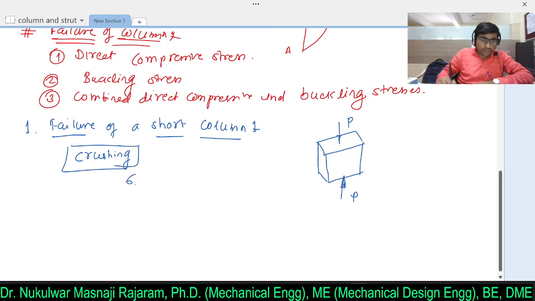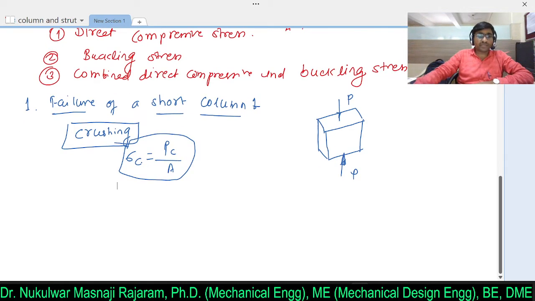As we know, the formula for crushing stress or compressive stress is compressive force divided by cross-sectional area. So failure of a short column takes place because of crushing only.